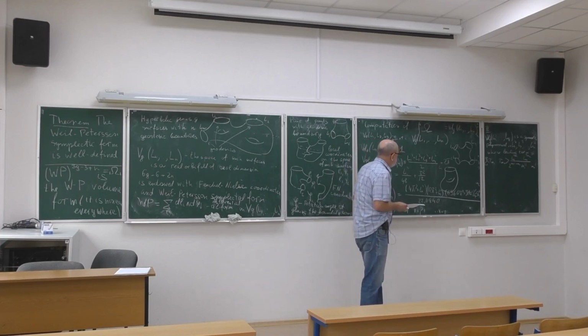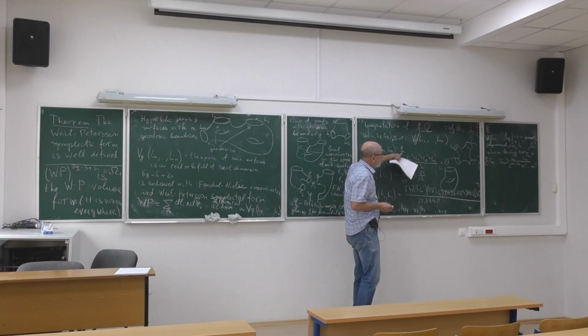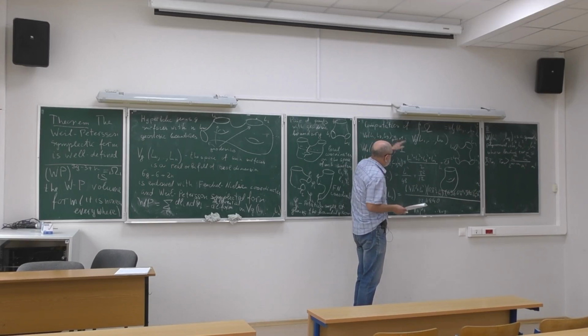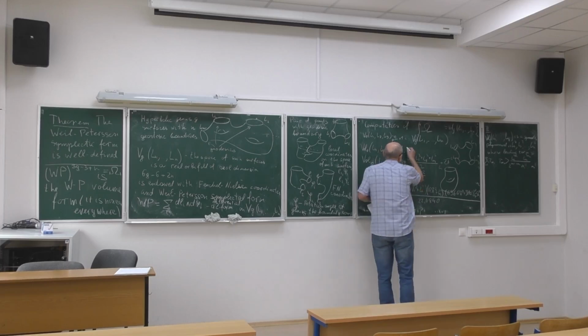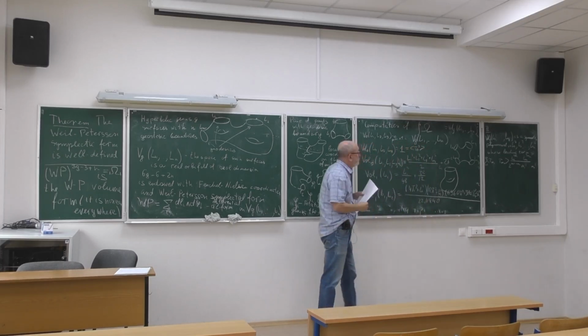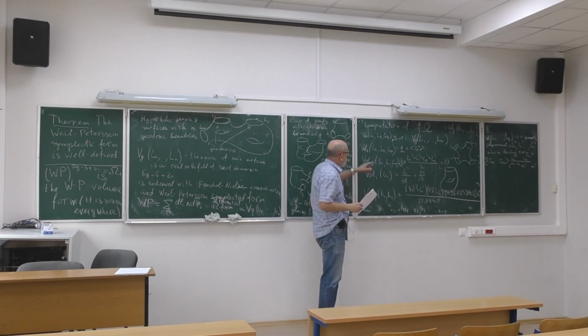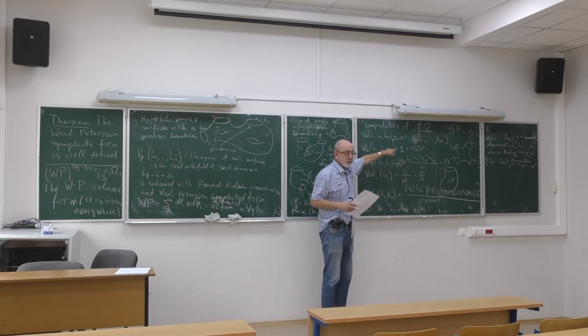So, what do we have here? Here we have a symmetric polynomial in these powers, and this is tau 0 cubed. We have genus 0 and 3 boundary components.